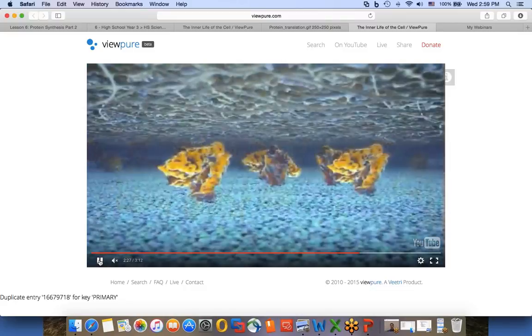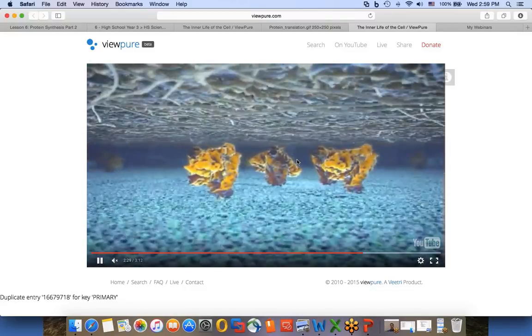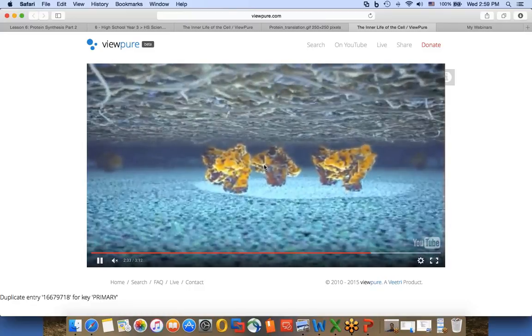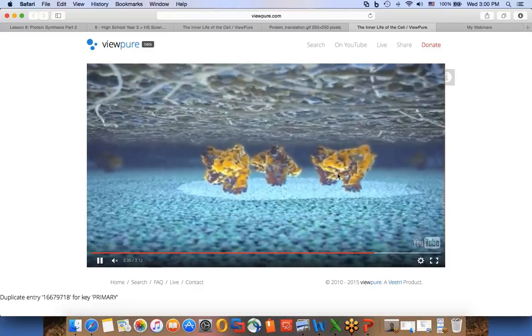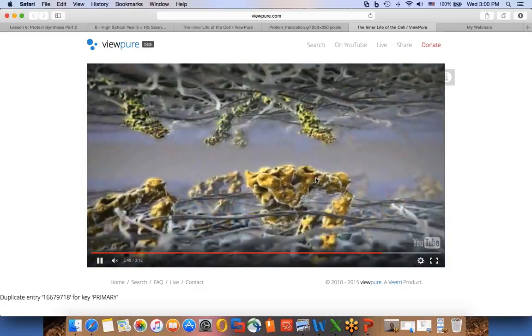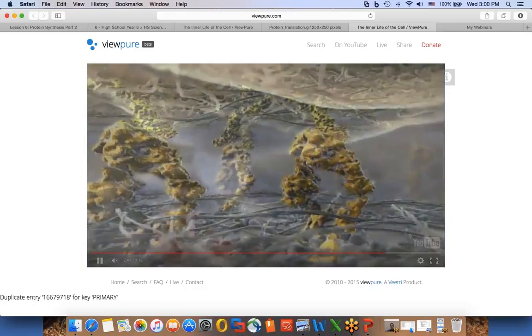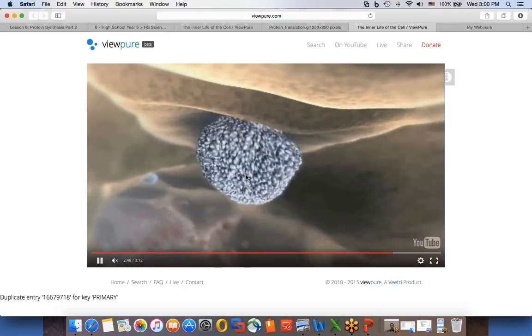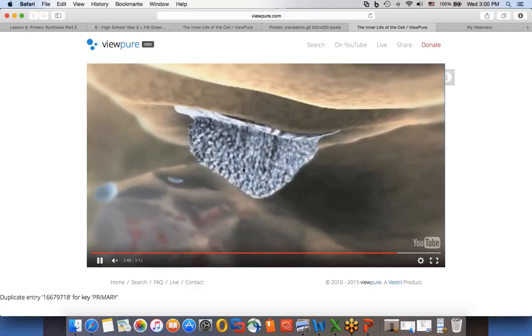All right. Now these proteins are going to work together to send a signal saying, we have a problem here. See how the proteins join together to send a signal to the white blood cell saying, we need help here.